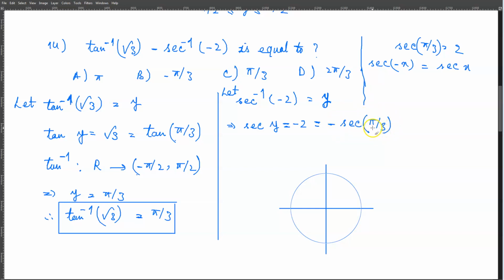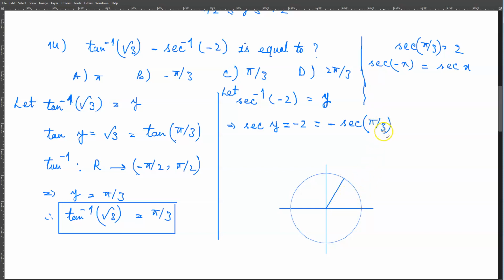Now pi by 3 is basically this angle over here. So this is 0, 15, 30, 45, and 60, which is basically the angle pi by 3.